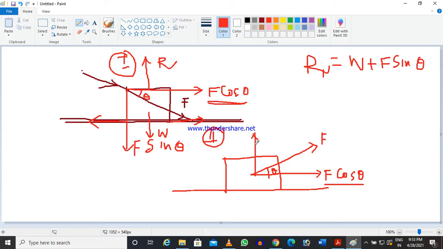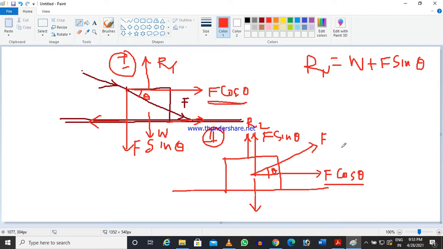In the second case the vertical component will be F sin theta. Now W is working downward, and the vertical reaction is again upward, unchanged. In this case it is R2.